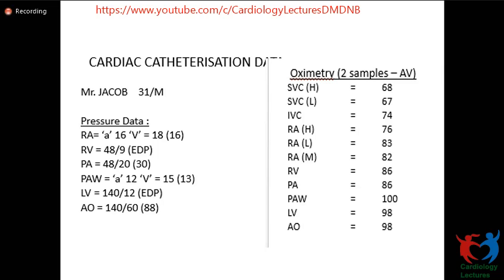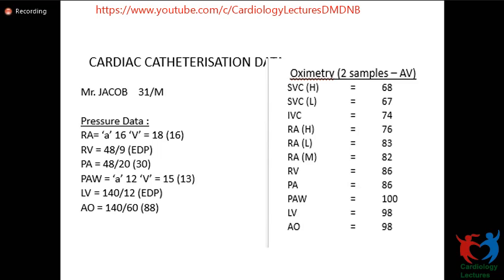So here we have a patient who has got a significant step up at RA level. Very good. And the V wave in the RA pressures is also raised. Excellent.